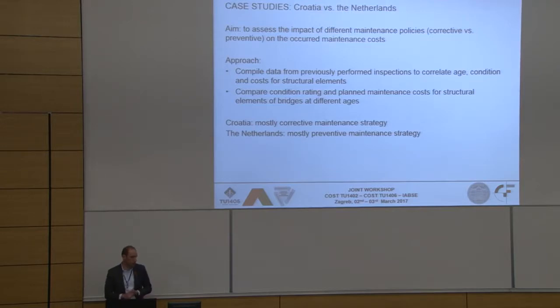The assumption here is that Croatia mainly follows a corrective maintenance approach, whereas in the Netherlands we mainly use a preventive maintenance approach. So we have two opposing approaches present in the case.